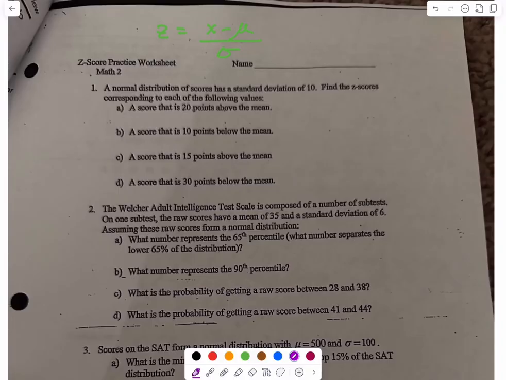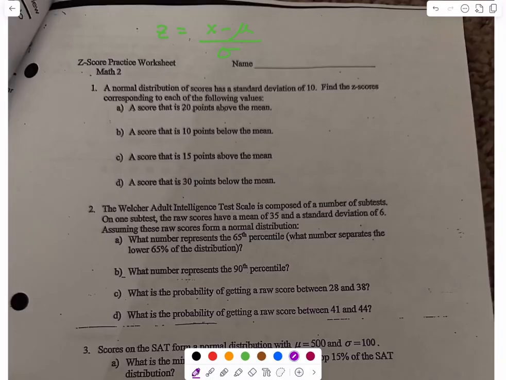Question number 1, I'm not seeing the average, and I don't want to assume that the average is 50. It didn't give us the average, our mu, but we can just fill in what we have and proceed accordingly.